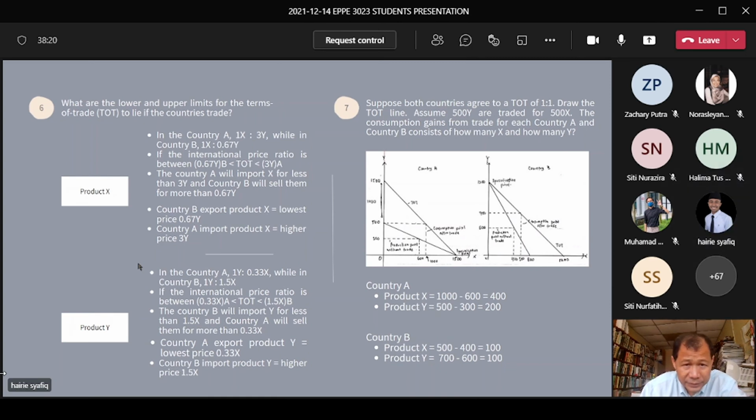The opportunity cost for production of X for country A is lower than for country B. A is lower than B. So the right answer is that country A exports X, country B imports X, and country B exports Y. In another way of saying. So you have to check again. This is too small for me. I just look at the shape of the graph.